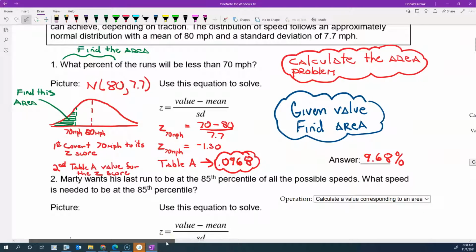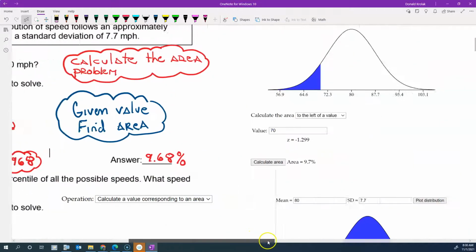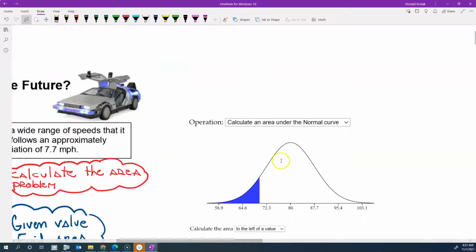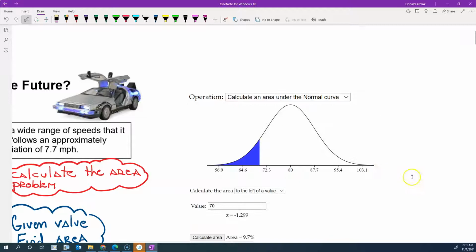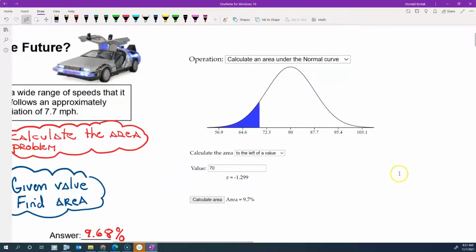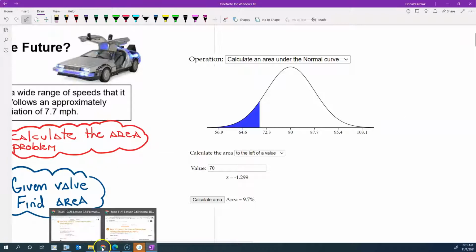Now if we wanted to do this using the applet, we're going to go to this applet now, and we want to find the area under the curve. So it's going to end up looking like this.